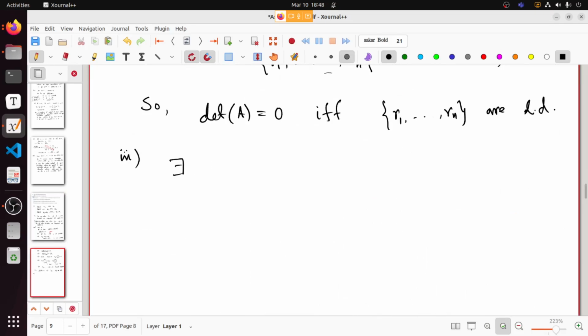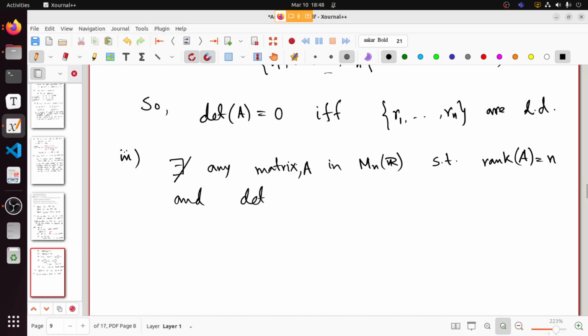So option number 3 means there does not exist any matrix in MnR such that the rank of that matrix, any matrix, let's say A, is n and the determinant of A is 0, right?